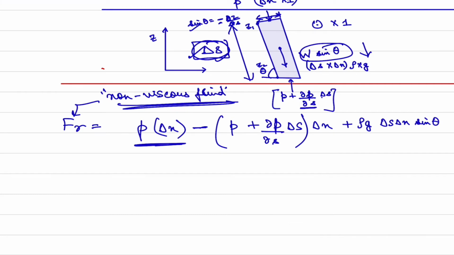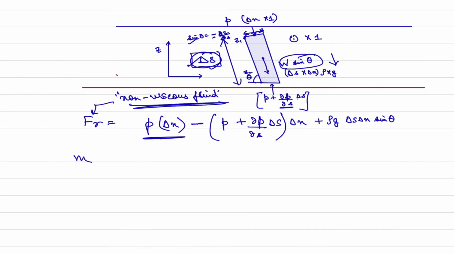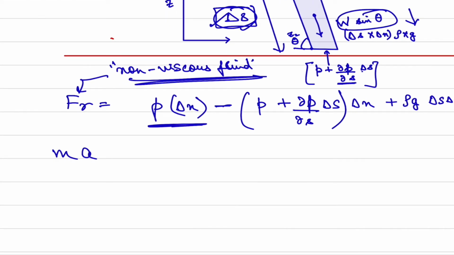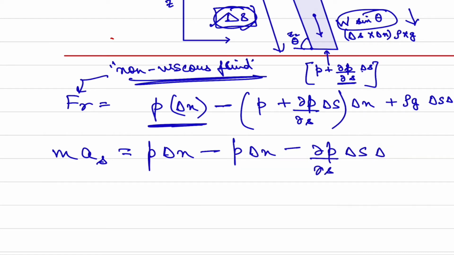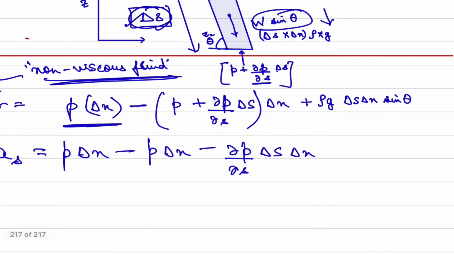Further, we know that force is equal to mass into acceleration in the direction under consideration. So we can write this as M a_s, and upon expanding, we can say that this is P delta N minus P delta N minus del P upon del S into delta S into del N, and sine theta is equal to minus dz upon ds.